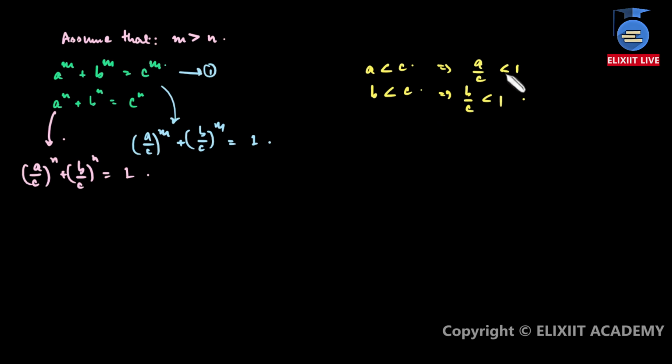And some exponents are there, m and n, definitely. So we are going to use some inequalities because we have generated some inequality format from here, which means that over here a by c whole to the power m is less than a by c whole to the power n, because we have considered this assumption, m is greater than n.